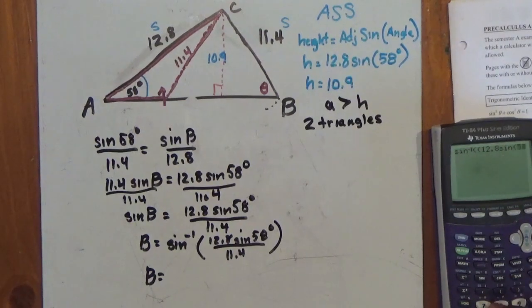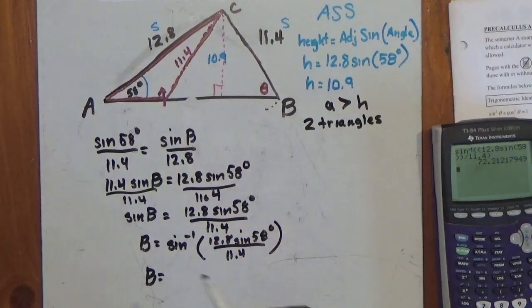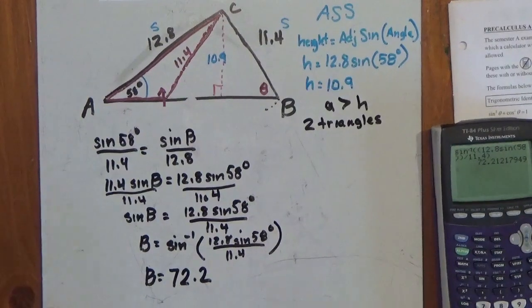Sine 58, close, divided by 11.4. Right, and then close. All right, and so it tells us that B is equal to 72.2 degrees.